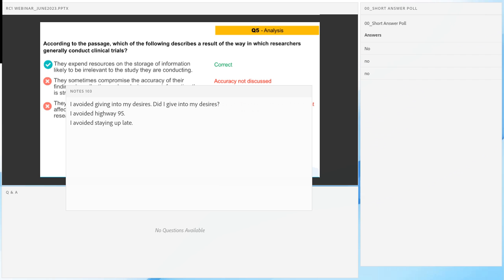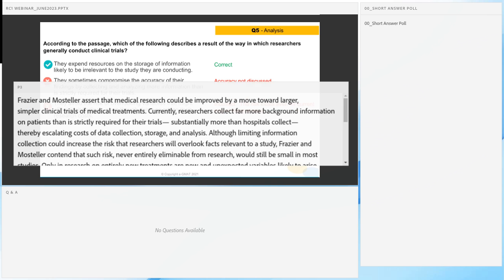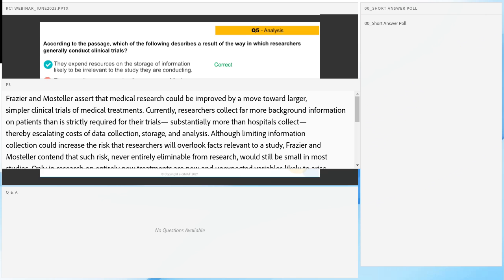Avoiding means preventing. Is that clear? Avoiding is the same as preventing. When you avoid a disaster, you avert a disaster, you prevent a disaster. It doesn't happen. The disaster doesn't happen.